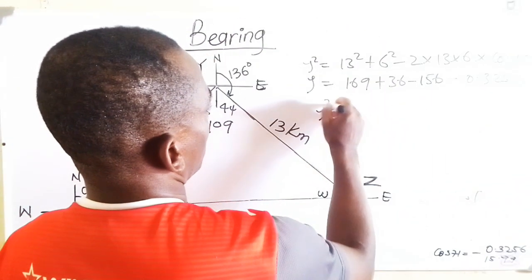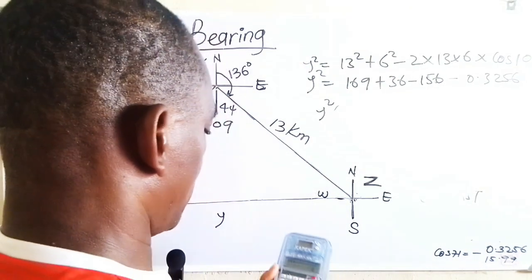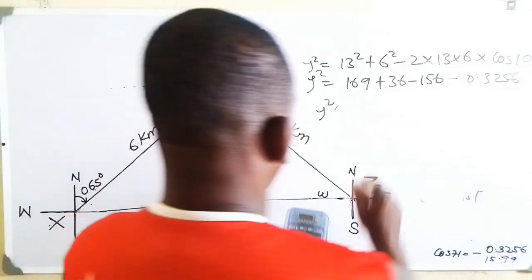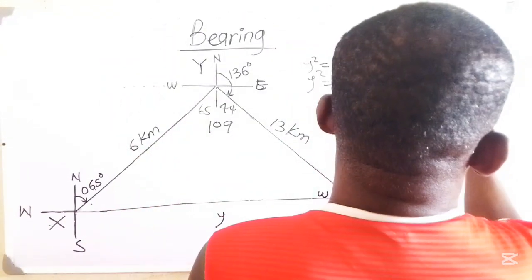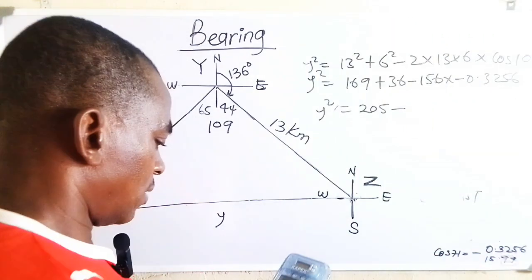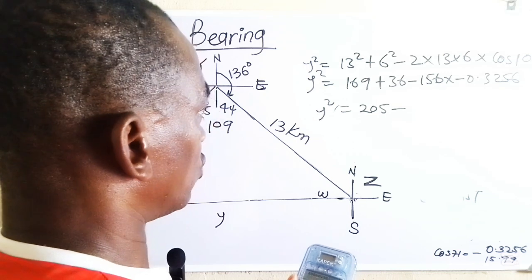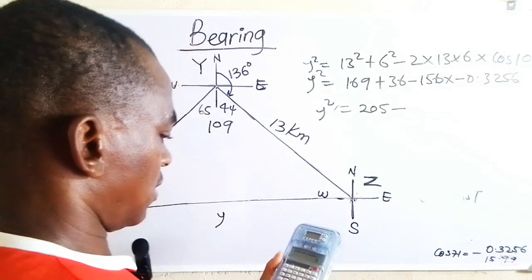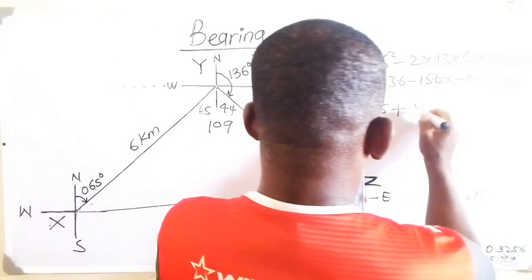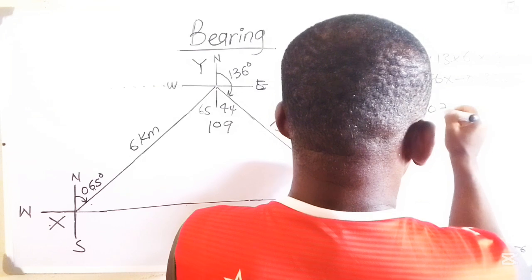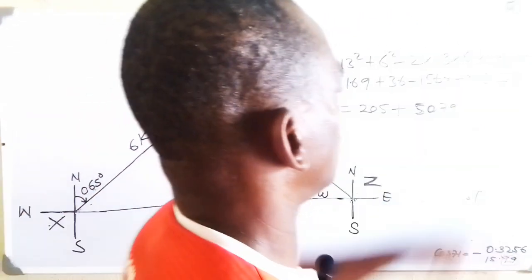Then our y squared here is 169 plus 36, which gives you 205, minus 156 times minus 0.3256, to give you plus 50.79, because minus times minus will give you plus.